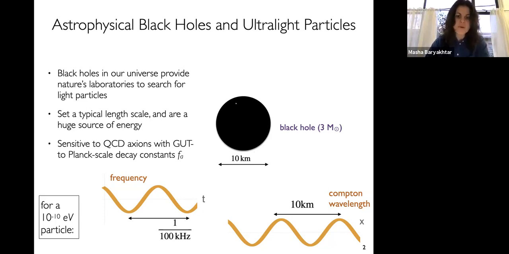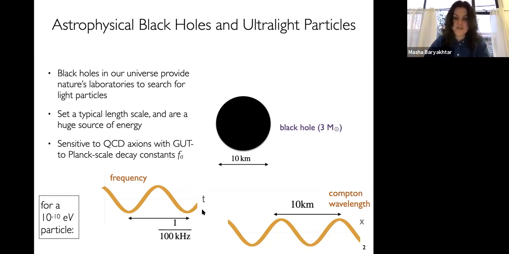And the typical length scales we'll be dealing with are tens of kilometers, which are the sizes of astrophysical black holes. Say a 3 solar mass black hole, its radius is 10 kilometers approximately. And these will be sensitive to very well motivated particles like the QCD axion, for the experts, GUT to Planck scale decay constants.